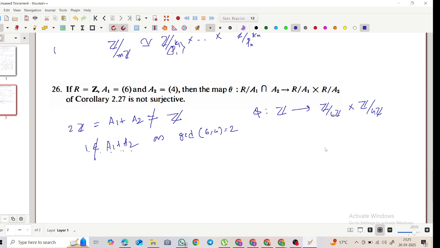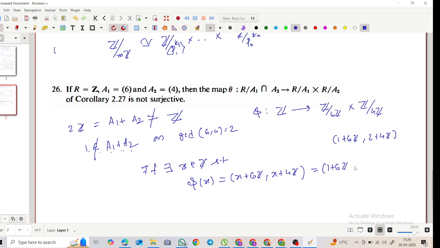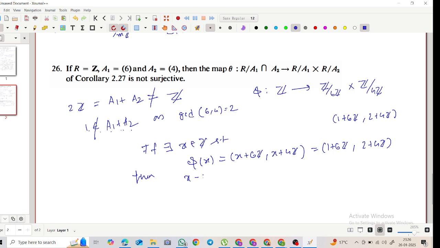So we can do one thing. Okay, so how about (1, 2), that is (1 plus 6Z, 2 plus 4Z)? Yeah, this is good. Okay, so if there exists x belonging to Z such that phi(x), that is (x plus 6Z, x plus 4Z), is basically (1 plus 6Z, 2 plus 4Z), then what happens? x minus 1 belongs to 6Z, right?